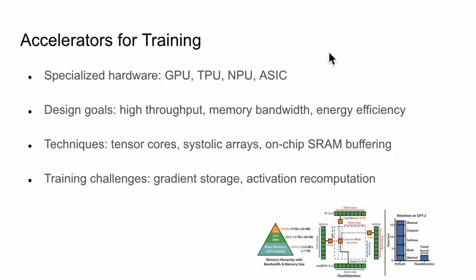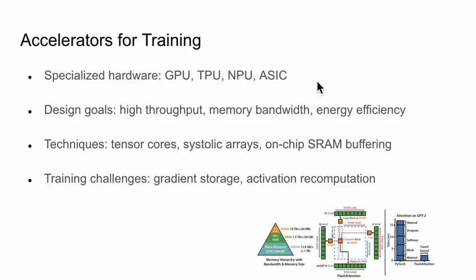The next part of the paper surveys hardware accelerators tailored for LLM training. GPU remains dominant because of flexibility, while TPU and custom ASICs integrate systolic arrays for high matrix multiply throughput.